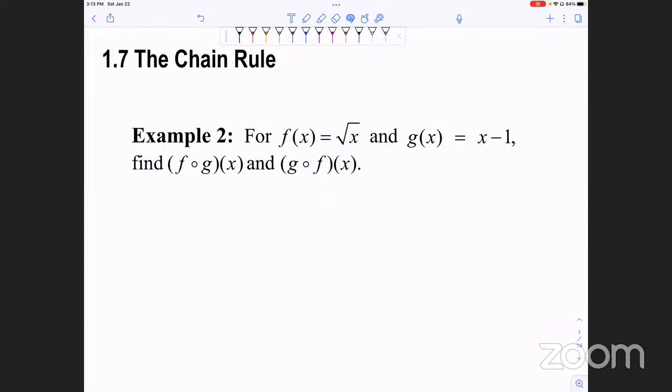Now with f of x being square root of x and g of x being x minus 1, find f compose g and g compose f. Okay. So f compose g of x, that's going to be f of g of x, where g of x is x minus 1.